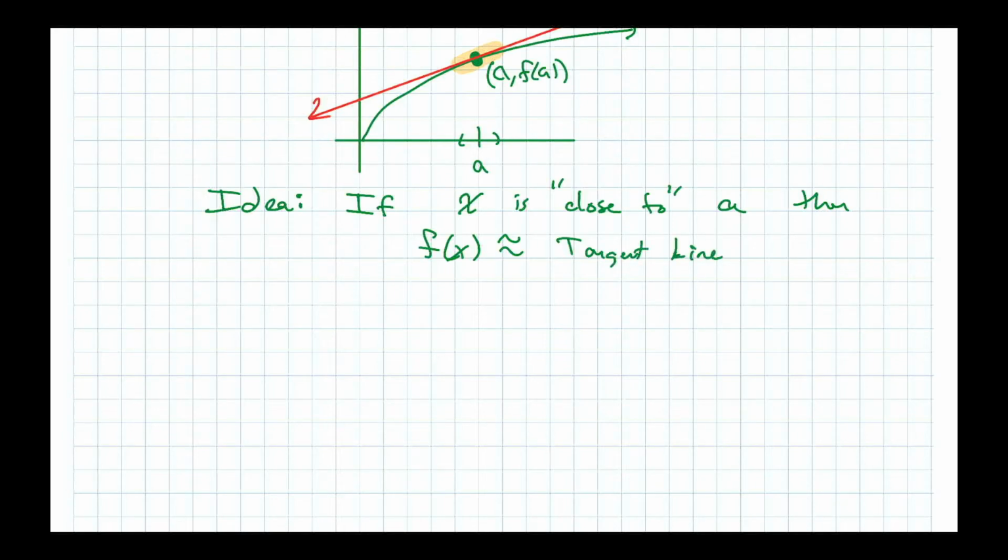Like the red curve is the tangent line. So the red curve and the green curve are close together, but only around a. So we have that. And then what is the tangent line? Well, the tangent line had a formula like this: f of a plus f prime of a, x minus a. All right. That was the idea.